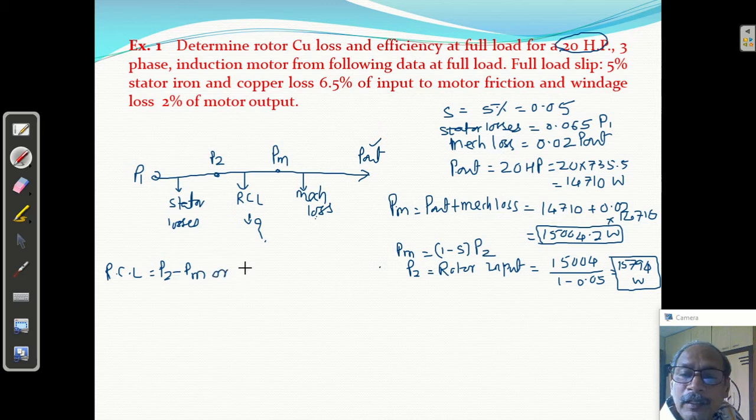One more formula we have: slip S into P2, the rotor input. So by using this formula, we will get the rotor copper loss.